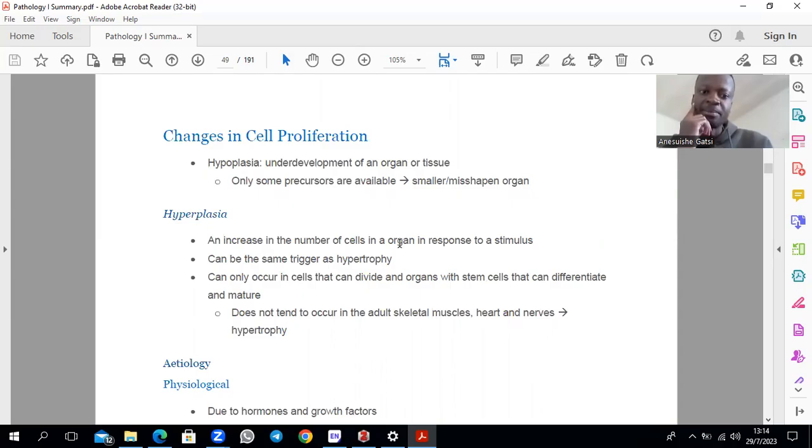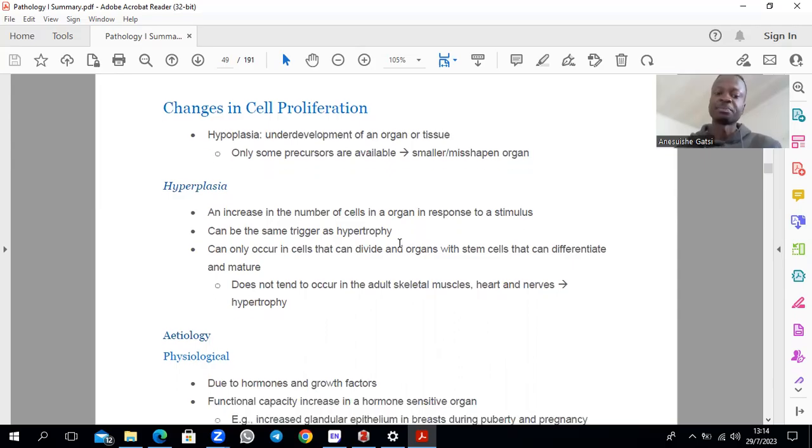But the stimuli for this hyperplasia can be the same as those in your hypertrophy. And hyperplasia can also be physiological or pathological, right? And most forms of pathological hyperplasia are going to be hormonal, or there will be problems with growth factors, right?